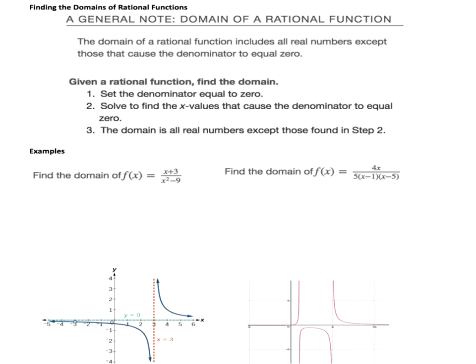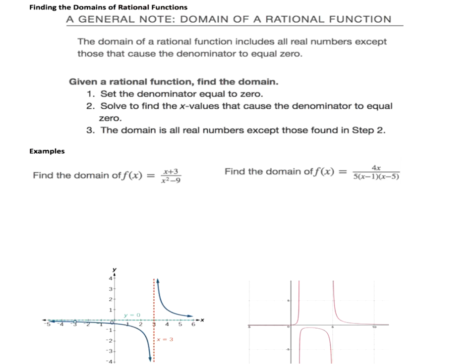Okay, so moving forward with more on the graphs of rational functions. The domain, so that's the possible input values, of a rational function includes all real numbers except those that cause the denominator to equal 0.